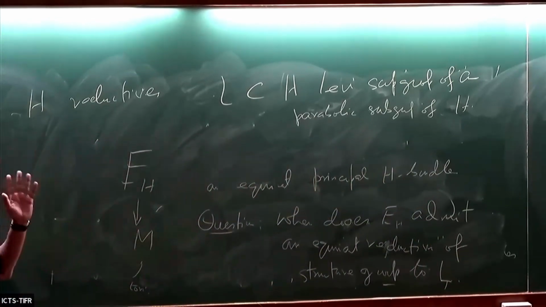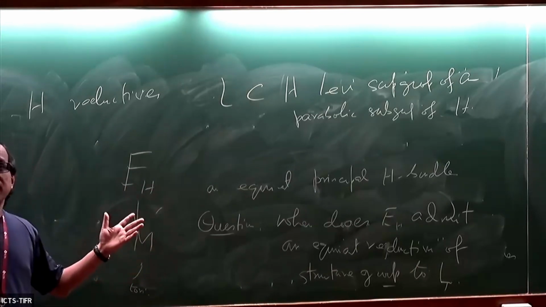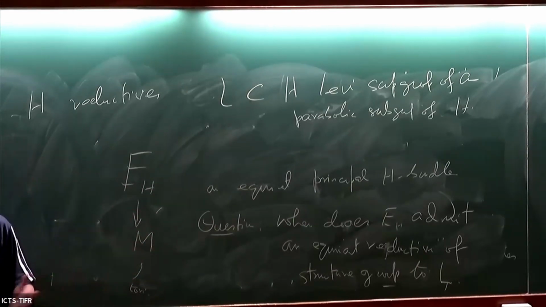I have an equivariant H bundle, and I have a subgroup of the group H. I want to ask when the principal bundle admits a reduction of structure group. Not only that, it should be an equivariant reduction of structure group. The reduction should be equivariant and preserved by the action.